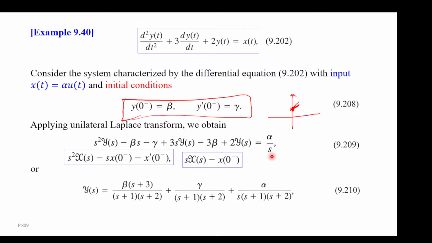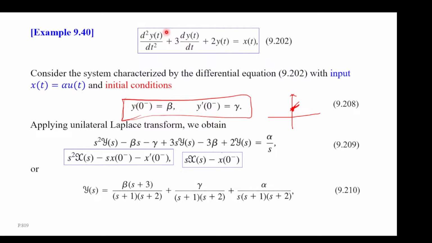Okay. Any question? So this is, I guess, the most important part. So how you solve the initial value problem is you do the unilateral Laplace transform on both sides. When you have those higher order derivatives on y, you will get, on x you also get derivatives, and you also need to fill in the boundary terms.